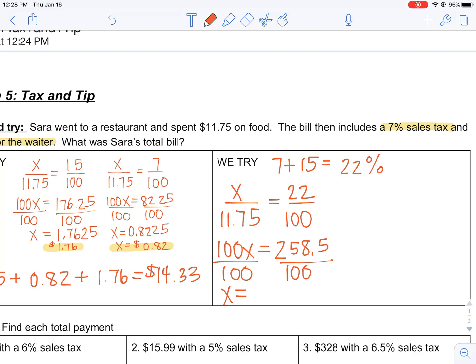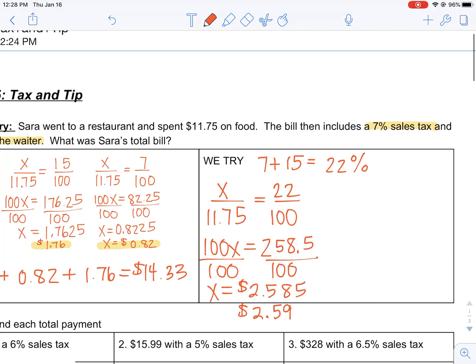This is going to give you your tax and tip amount. You do have to round that, so that comes out $2.59 because that 5 sends the 8 up to a 9. And then I'm going to add this amount to the bill.